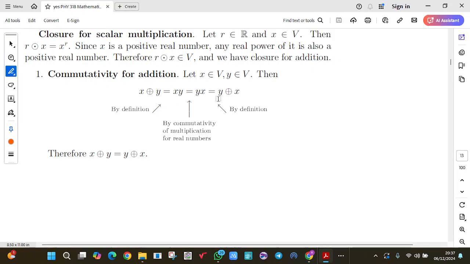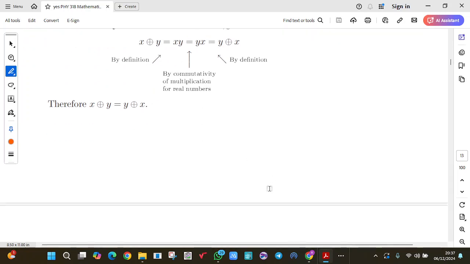Therefore, it is going to also be y operator x. So x operator y is equal to y operator x. This is what commutative means. So the commutative law has been proven correct for addition. This thing you are seeing is called the addition operator, but this addition operator has its own definition.